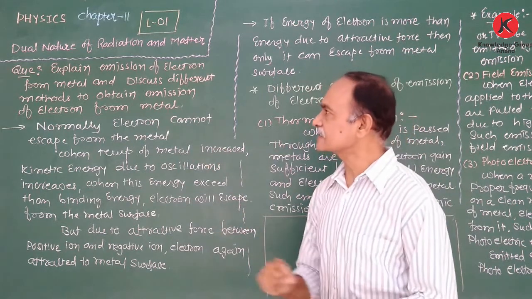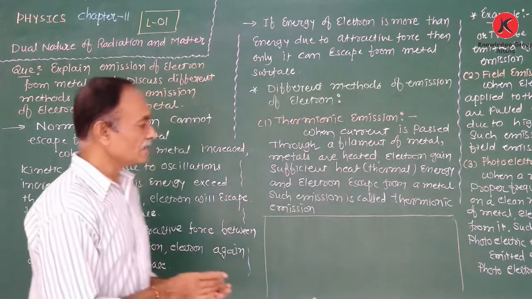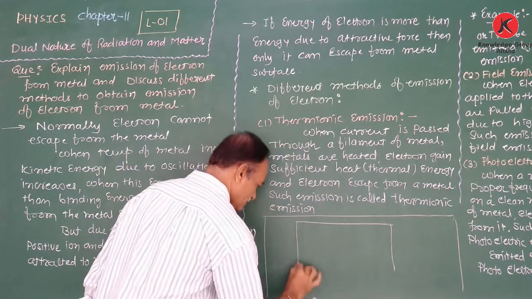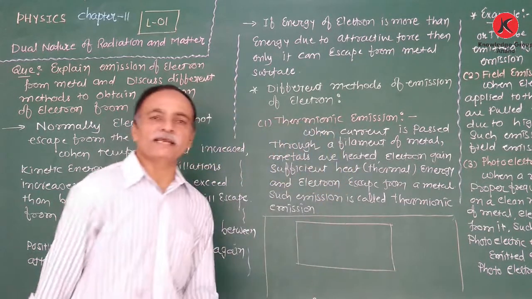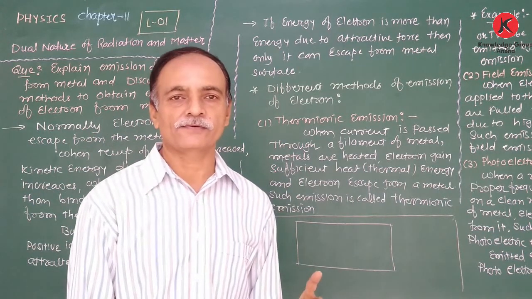Before starting our discussion about the emission of electrons, first we understand what a metal is. Metal is made up of two types of ions, positive and negative.